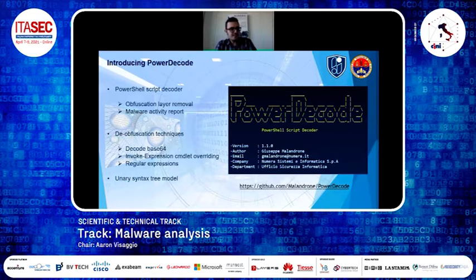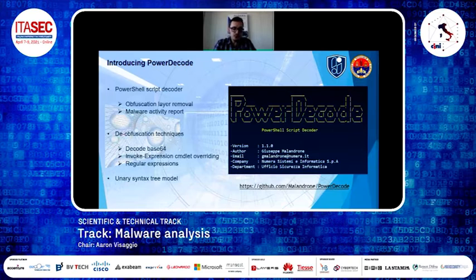Now let's start to present our tool, PowerDecode. PowerDecode is a PowerShell script decoder which can perform obfuscation layers removal, and it can also perform the malware activity report.